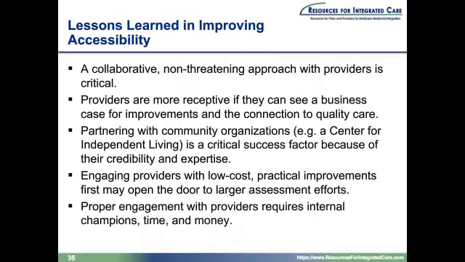We did learn a number of lessons. It wasn't all challenges. We did learn a lot of lessons while implementing this tool. As I mentioned before, using that collaborative, non-threatening approach with providers is critical.